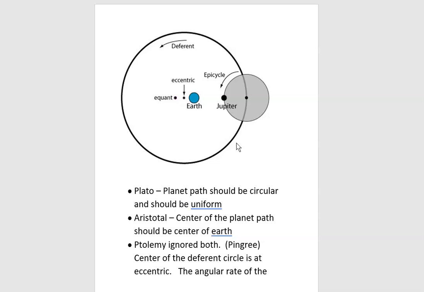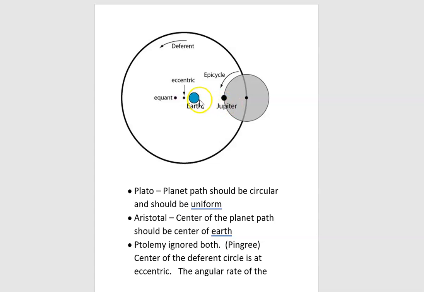Ptolemy could not make that work. Ptolemy is an astronomer. He is not a philosopher. He did not sit around and just make comments. He wanted to make it work with observation. So what he did was he moved the Earth a little bit, and that would somewhat represent the elliptical nature of the planetary motion.